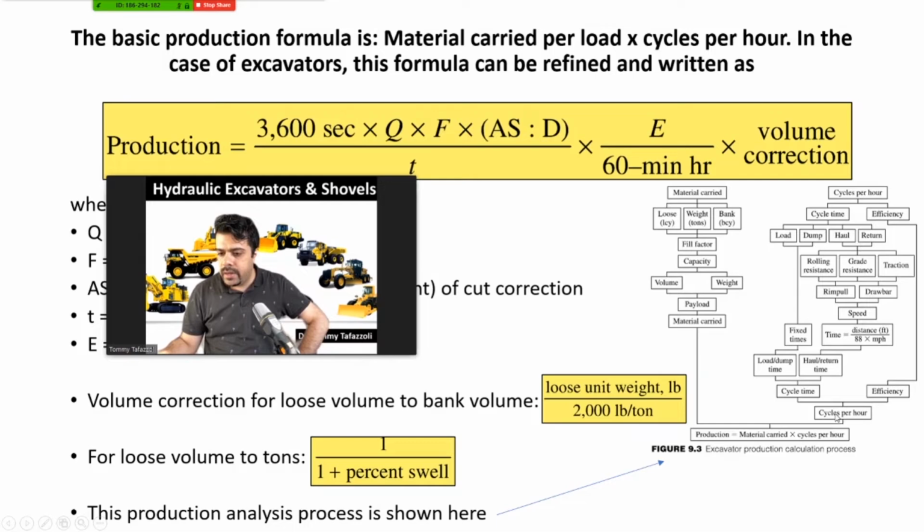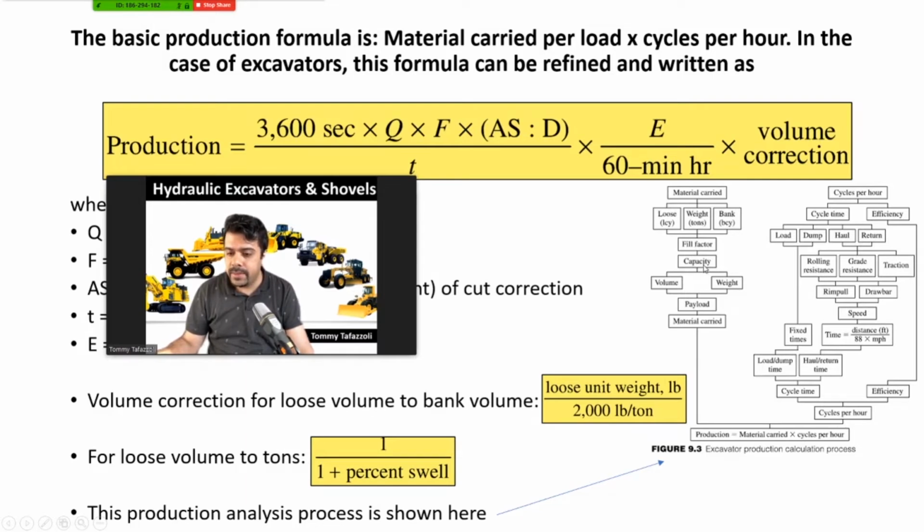This will give you cycles per hour, but for production, there is another piece that is required, which is the amount of material that could be carried. It depends on the type of measurement. If you're doing it in loose, weight, or bank cubic yard, there is a fill factor you have to use, and there is a capacity. The fill factor identifies the capacity.